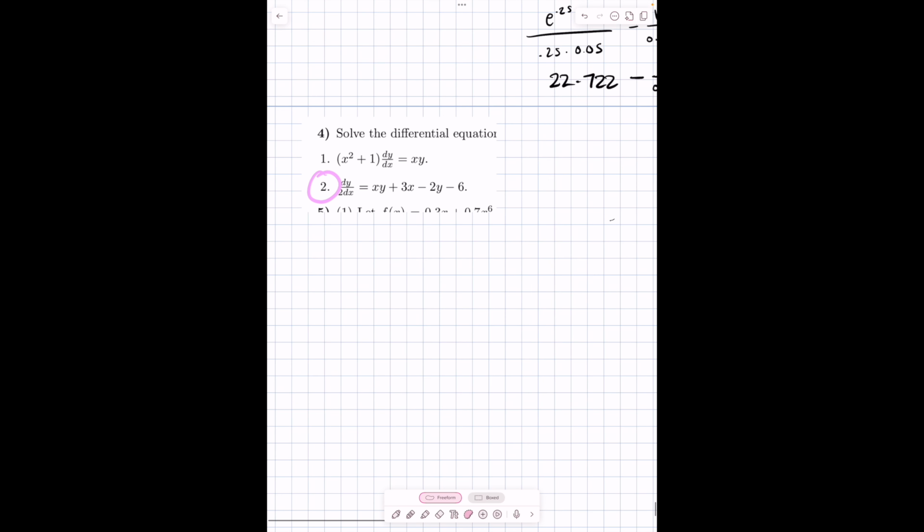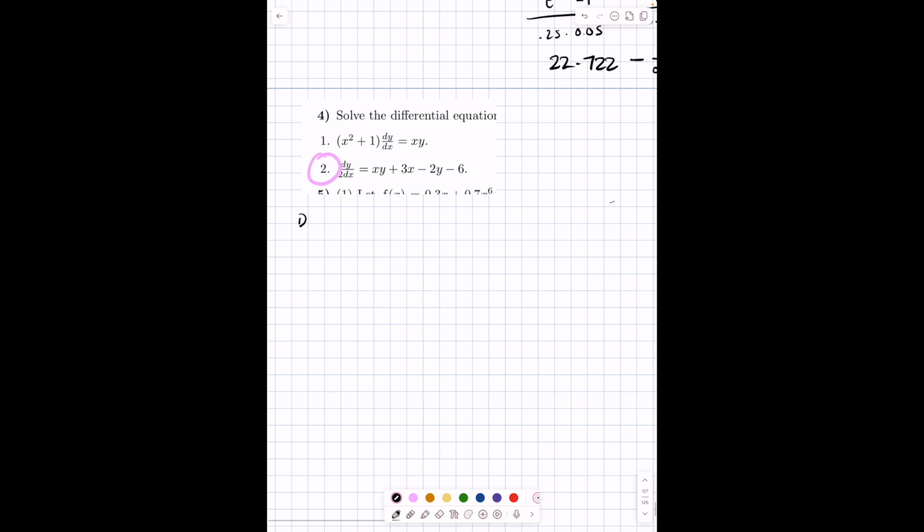Okay, the next two are the differential equation problems. I'm going to do the first one just so you can have the simplifying on hand. I look at this differential equation and I see this x times y, so I immediately think it's a separable equation.